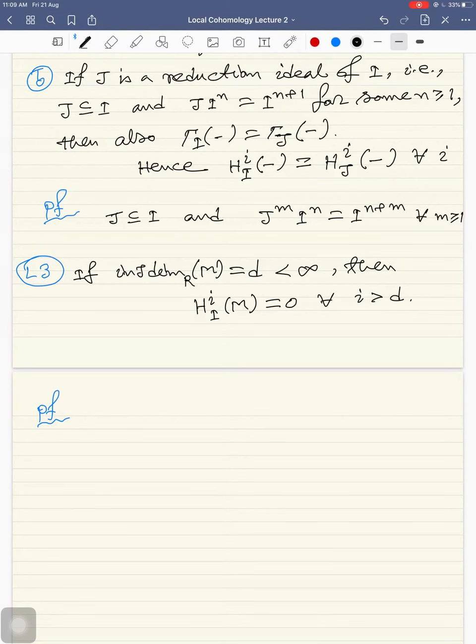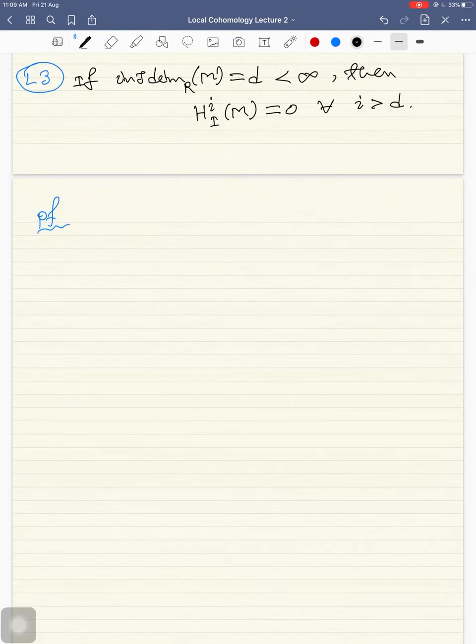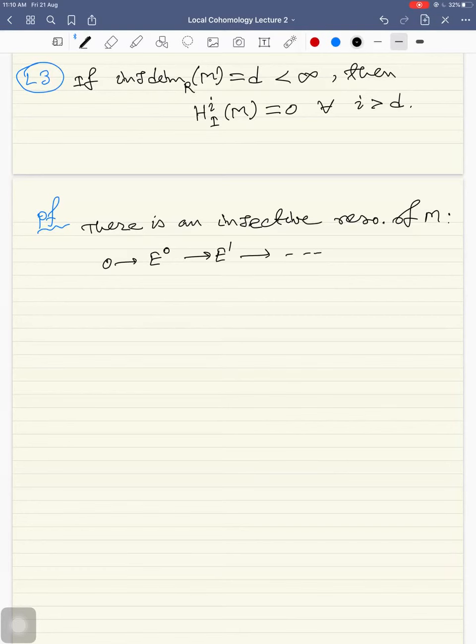Since the injective dimension of M is D, that means there is an injective resolution of M of length D, which is 0 goes to E0 goes to E1 goes to up to ED, and from D plus 1 onwards everything is 0. So this is an injective resolution of M of length D, and you just use this injective resolution, apply the I-torsion functor, and take the ith cohomology.